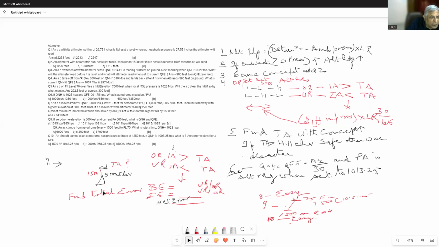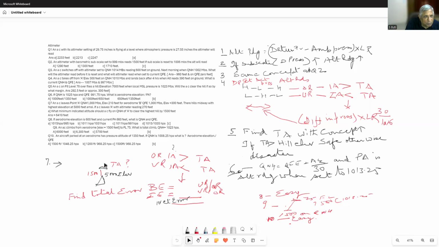Now I need the QNH of this place over which the aircraft is flying. For place B, he's given me a QFE and the elevation. Find out the QNH of B; QNH of A is already given to you. A plus B divided by 2 will be the QNH midway where this hill is located.